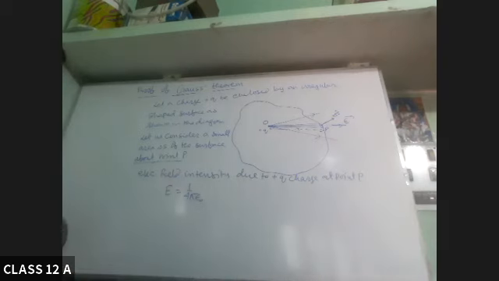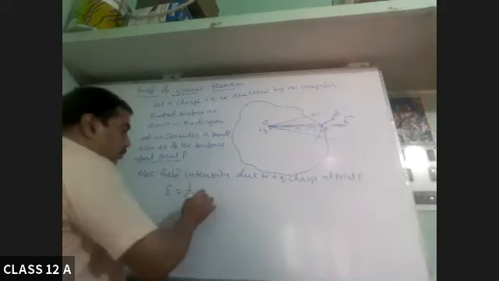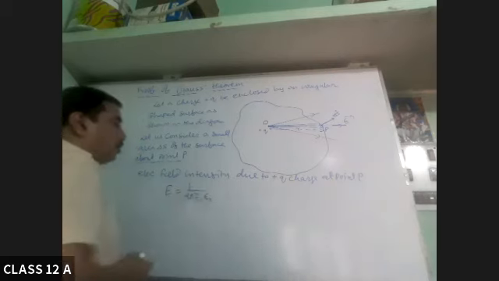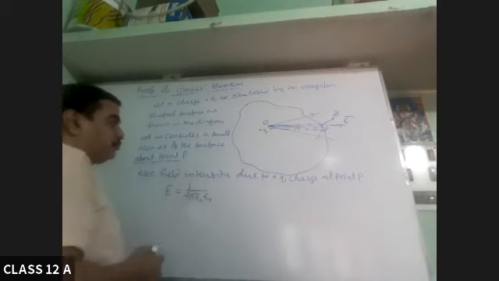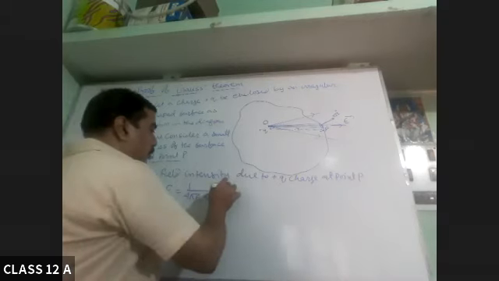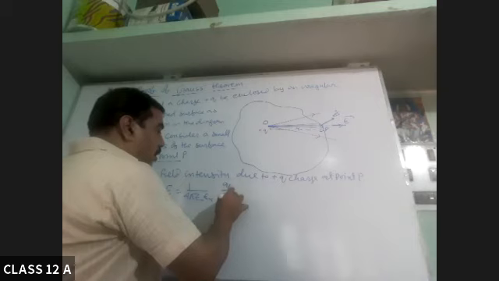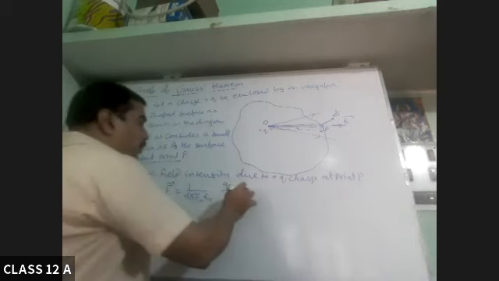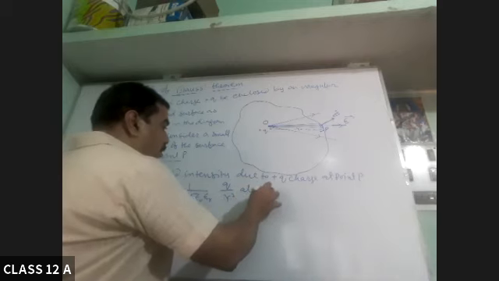If any other medium is there, then epsilon r will also come. So we take the general case, epsilon naught epsilon r, q over r square, and the direction will be along OP.